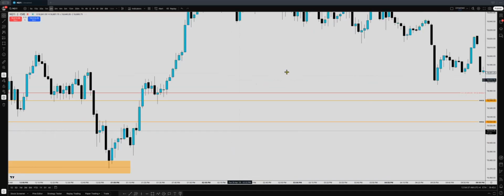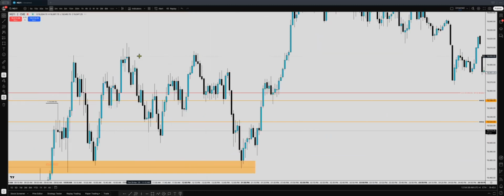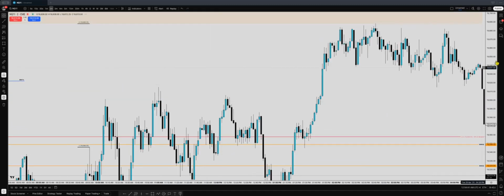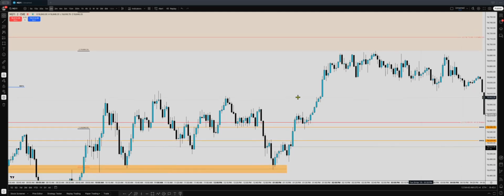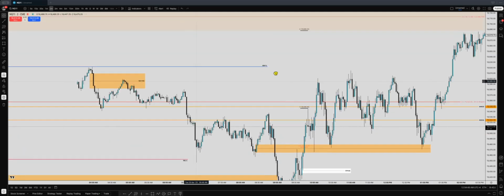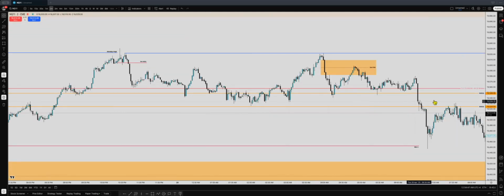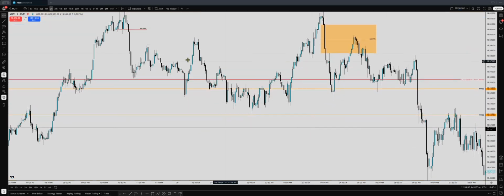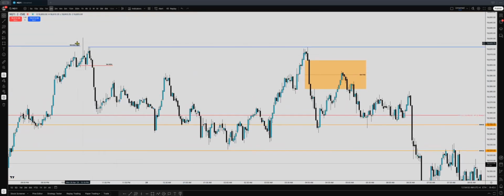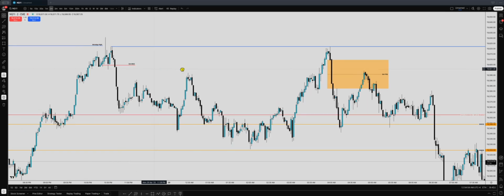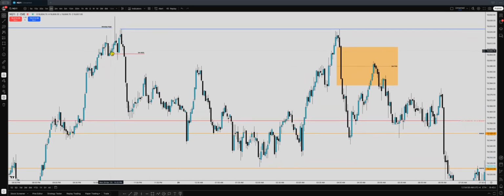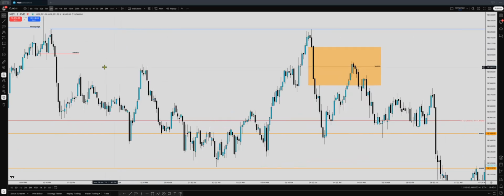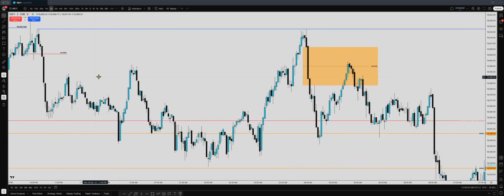So let's check out the 2 minute. All right. Here we are, Monday's high. Took it out. We don't see the formation occurring on the 2 minute.